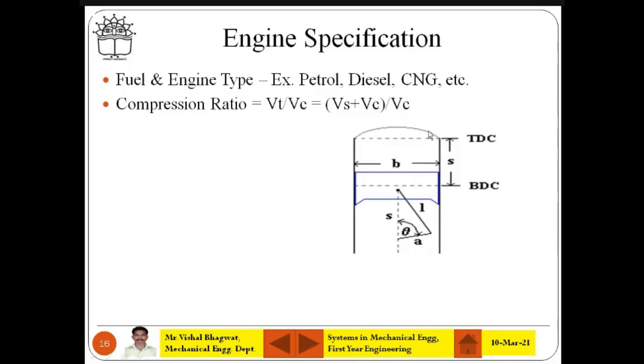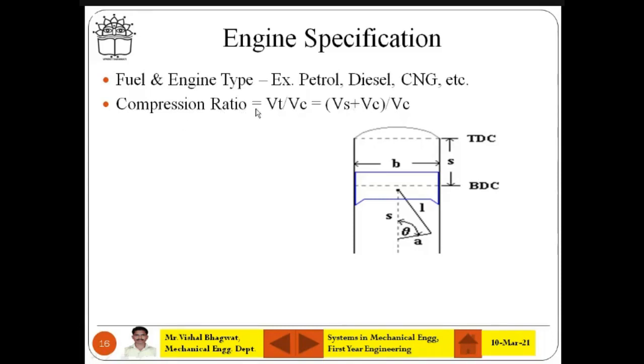So this is the compression ratio, and compression ratio is designed differently for different engines. For diesel, it is higher than petrol. It will be 18:1 to 24:1 for a diesel engine. Please remember that number.